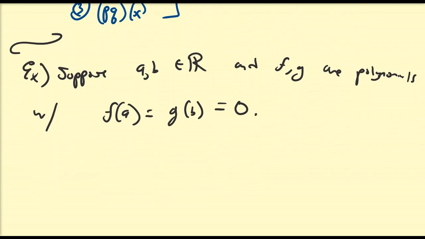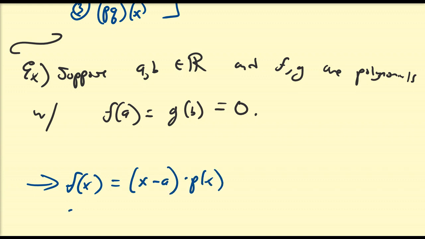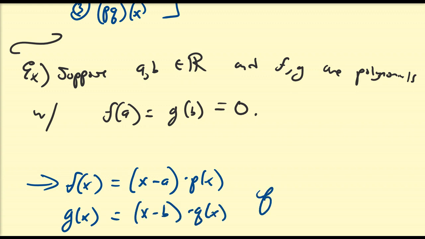If this is true, by the zero factor theorem, we know that f of x can be represented as x minus a times p of x, and g of x can be represented as x minus b times q of x, for some polynomials p and q.